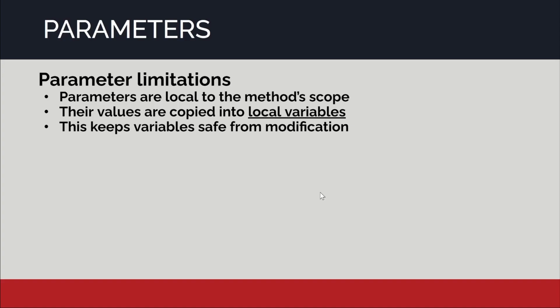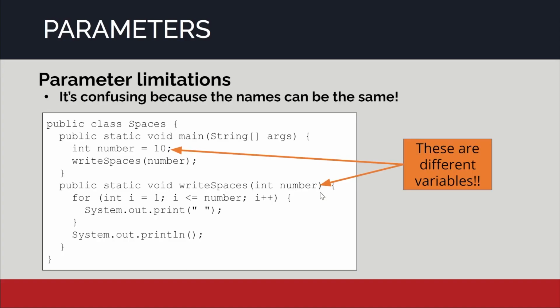So going back to our example that we just looked at, these two variables, even though they have the same name, int number, they're actually different, and they live in different places. The scope of this int number is just within the main method. The scope of this int number, which has the same name, is just the write spaces method.